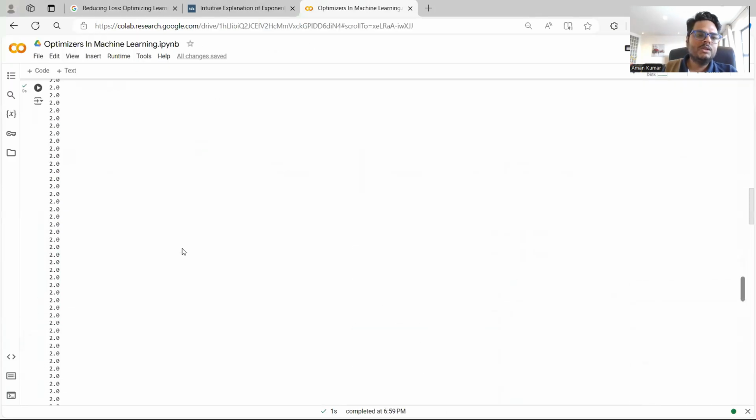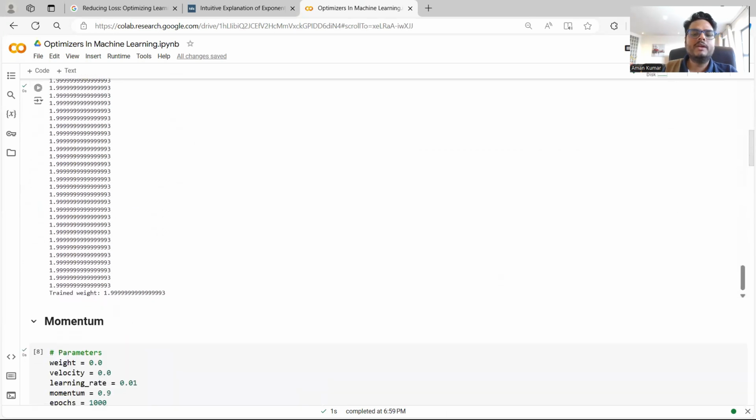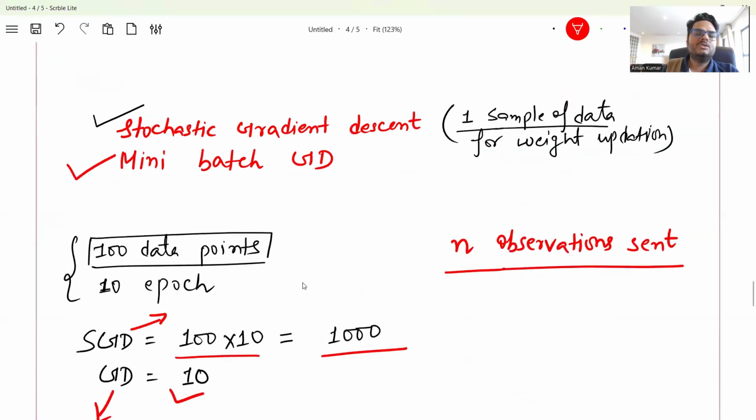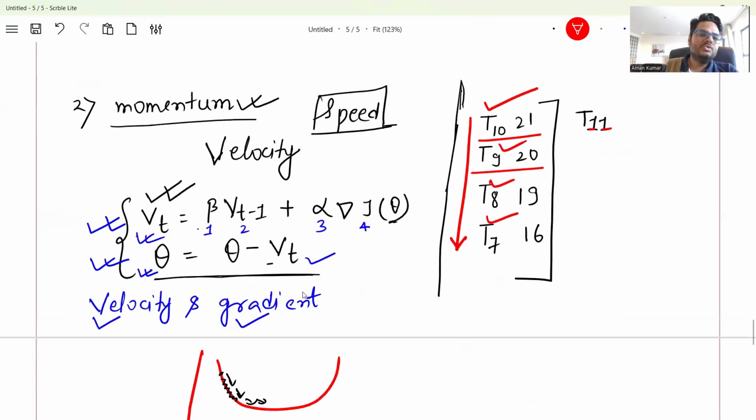After that, I showed you another improvement on top of gradient descent known as momentum. Sometimes gradient descent convergence is slow and takes a lot of time, so we need momentum to speed it up in the right direction. We do that using velocity. I explained the concept of moving averages, using which we give more weightage to the current velocity and less weightage to the previous velocities.